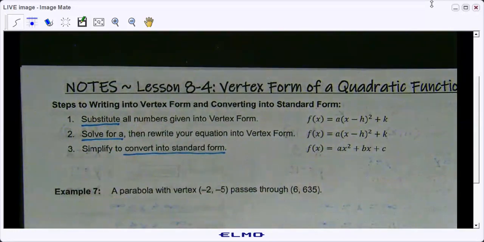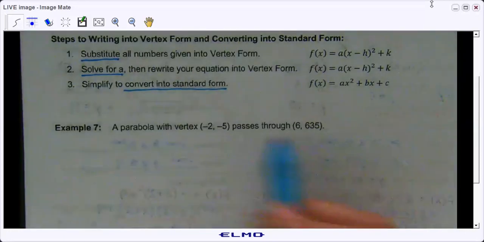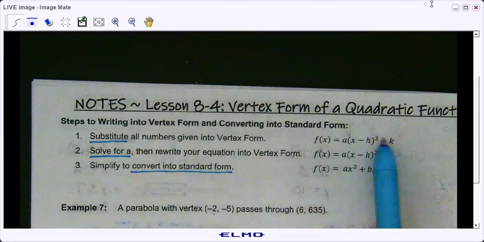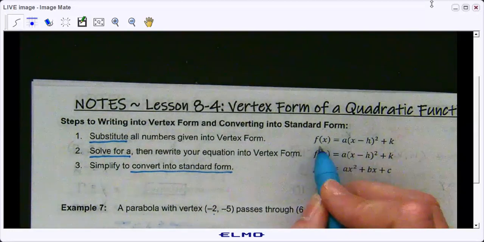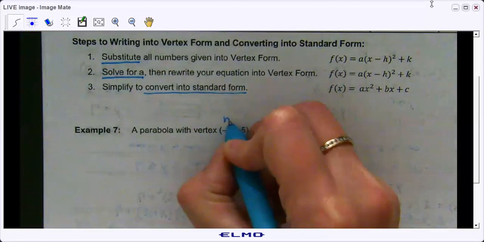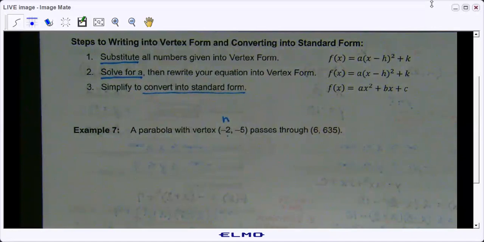Three steps. First of all, I want to label these numbers up here. In the vertex form, what would -2 be? Well, we're using this form up here. Is it y, a, x, h, or k? H. This is h. What is -5?